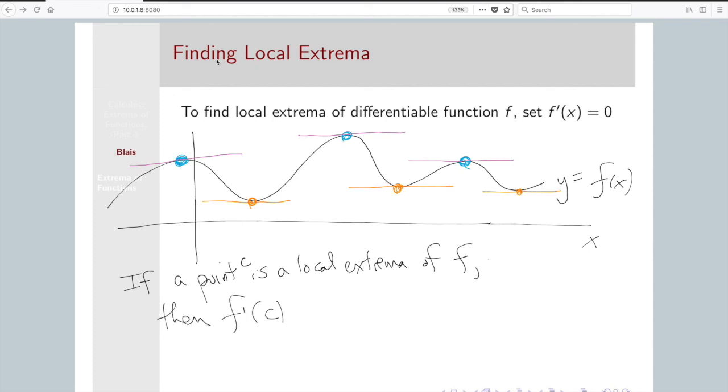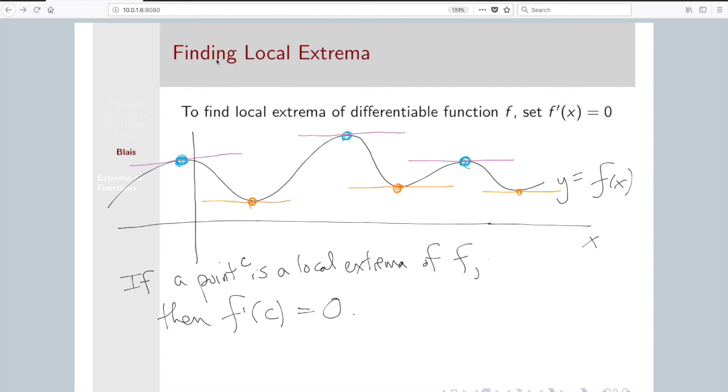That was our previous theorem. So the way to find the set of candidates for local extreme values is done by this procedure. Set the derivative of f equal to 0 and see where it actually works.